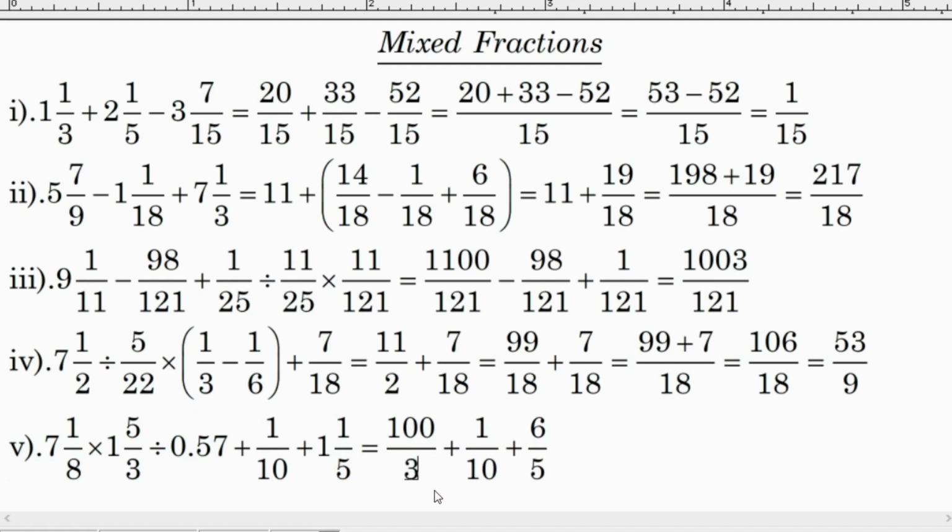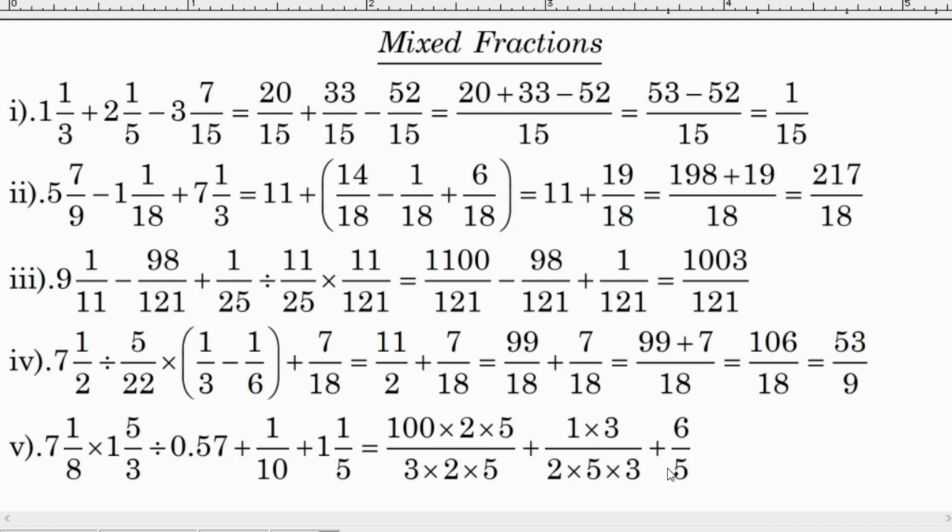Okay, so now what we have to do here, we have to find the same common denominator. 10 here can be written as 2 multiplied with 5. So here we have to multiply with 3, and then the numerator with 3.